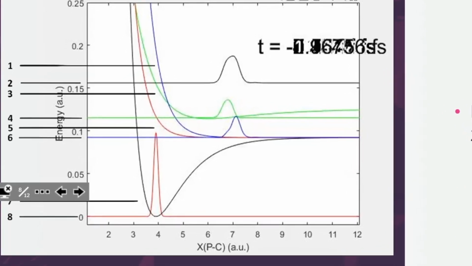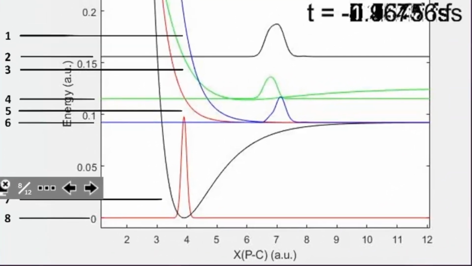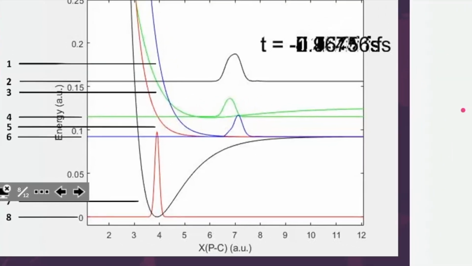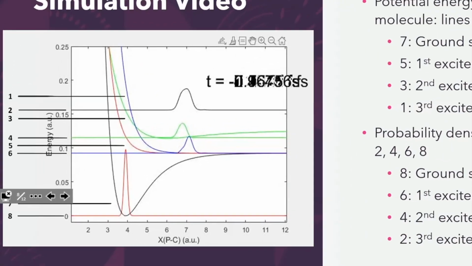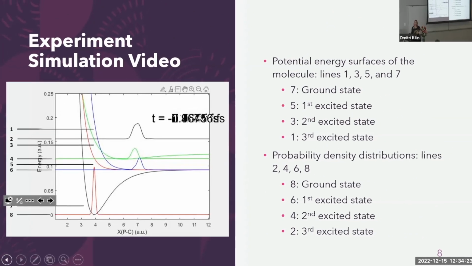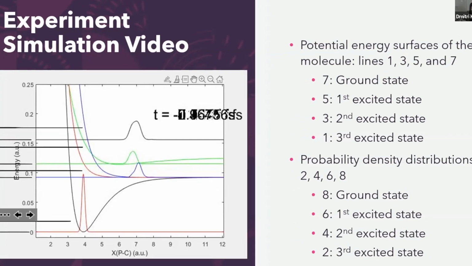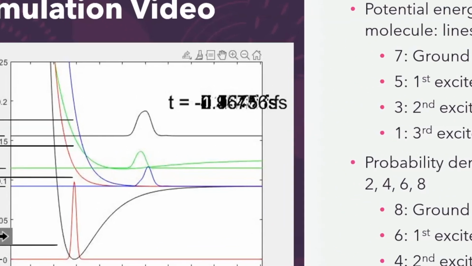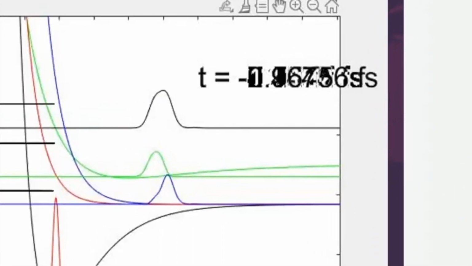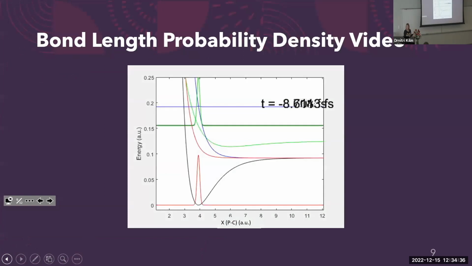These lines, 1, 3, 5, and 7, don't change in the video as time goes on, but you can see as the number of cycles increases, the probability density distributions, so these humps right here, will change. And so we'll watch that video here.